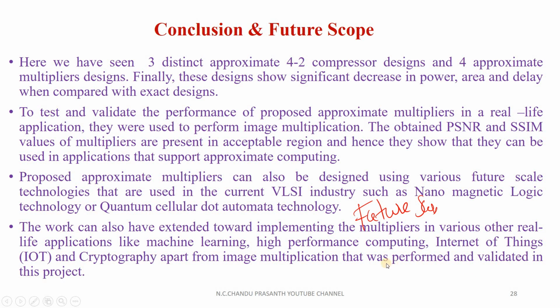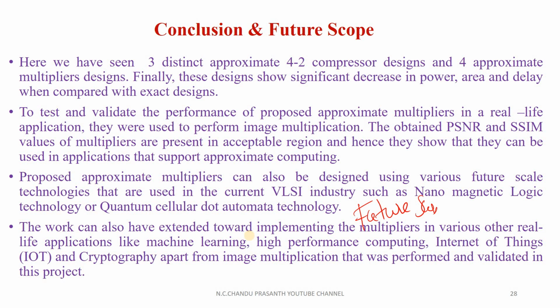So we can consider these types of topics as our VLSI project idea. Here I am considering one image multiplication application. You can extend this project by using another real-life application like image processing, image sharpening, or multimedia applications.